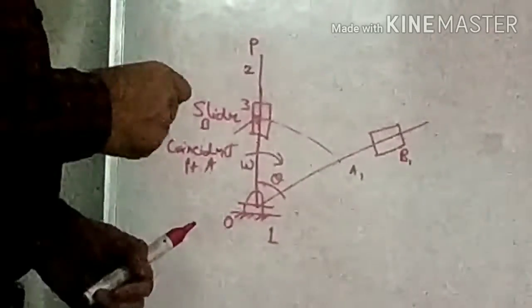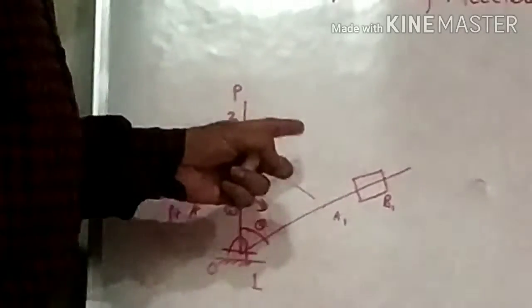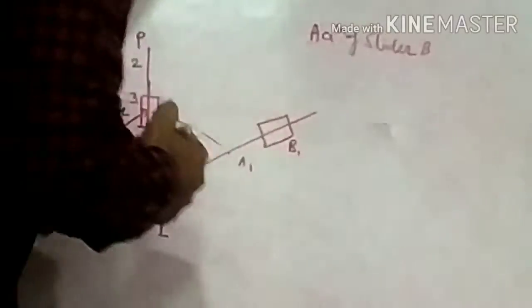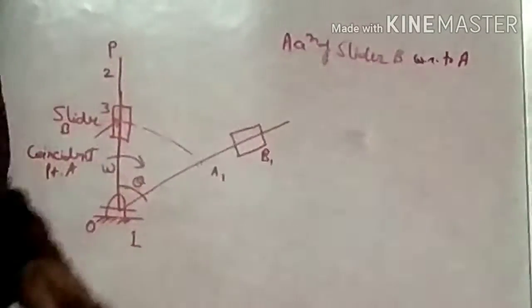The main thing is that we have to find its magnitude and direction. Now, what do we mean by the Coriolis component of acceleration? Here we consider the acceleration of slider B with respect to point A. We know that acceleration has two components, radial and tangential.